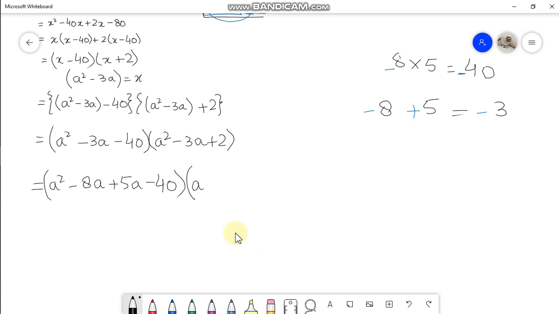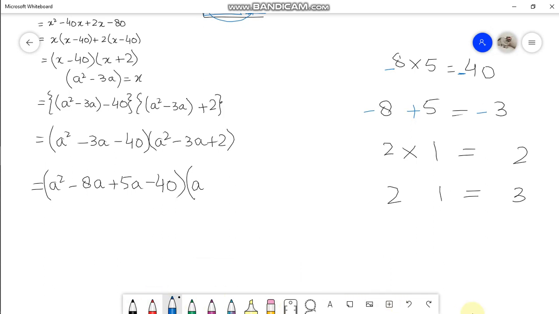As you can see, the last term in the other bracket is 2. That is a prime number, so it only appears in its own table. So 2 ones are 2. I need positive 2, and 2 and 1, when I dissolve these two, I will get 3, but I need negative 3.